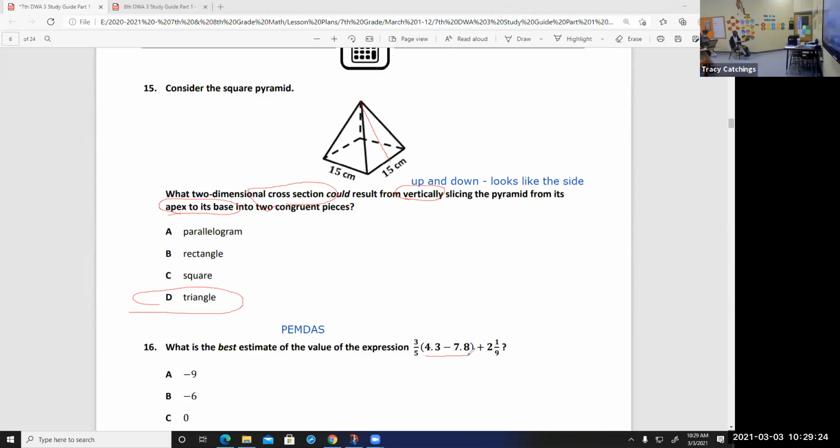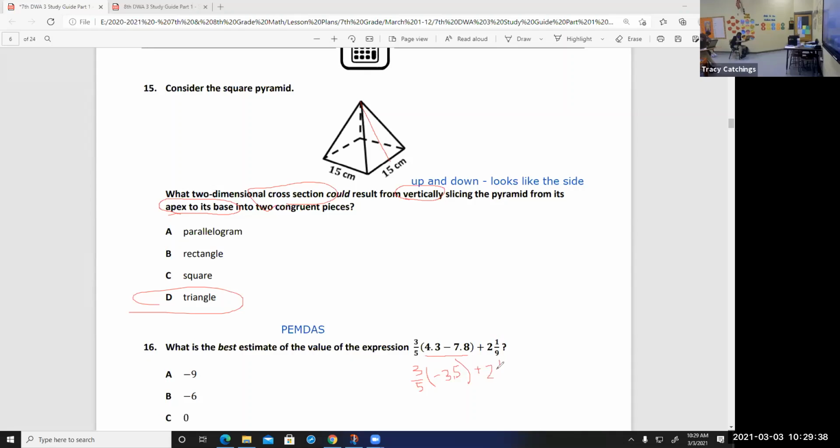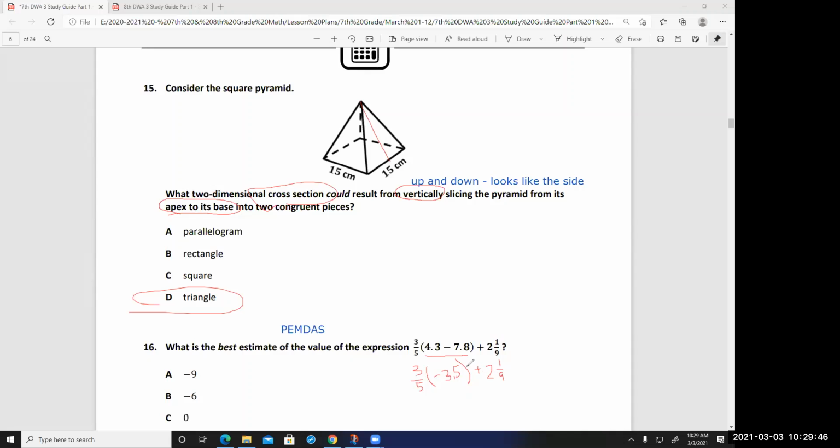Somebody do 4.3 take away 7.8. Negative 3.5. All right. What should we do next? Good job, multiply. You may want to divide out 3/5 first. 3 divided by 5, and then multiply by negative 3.5.